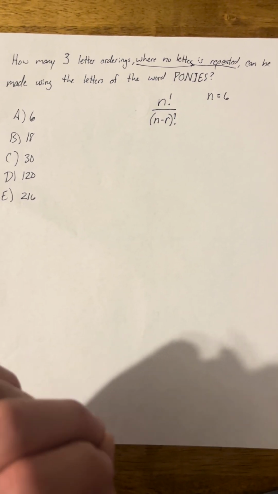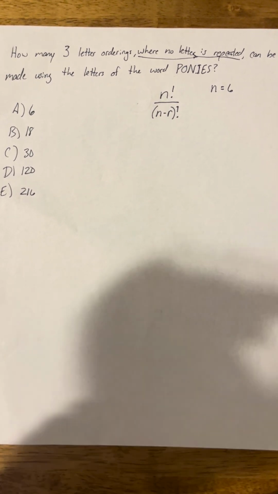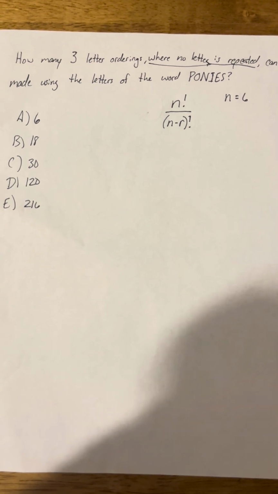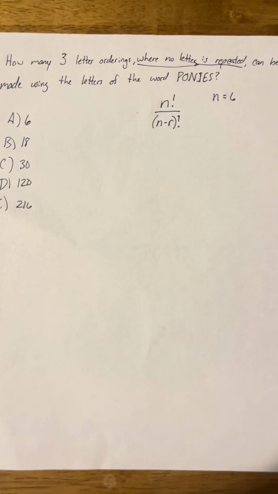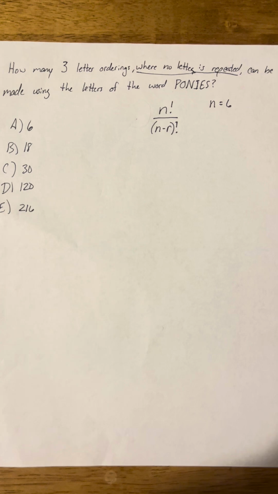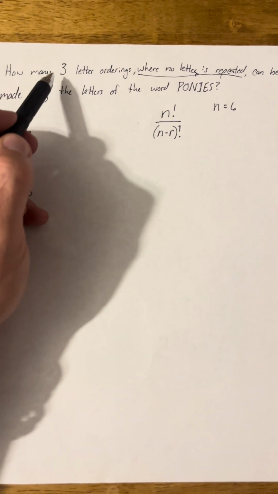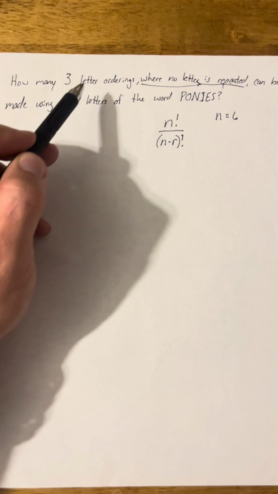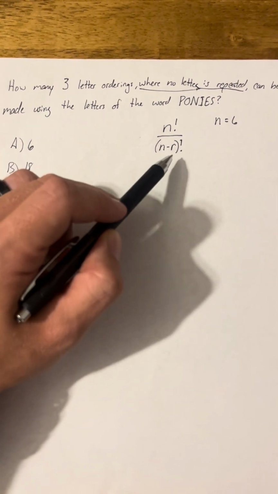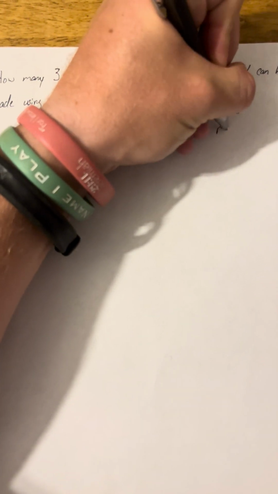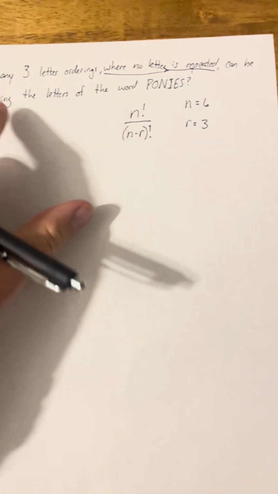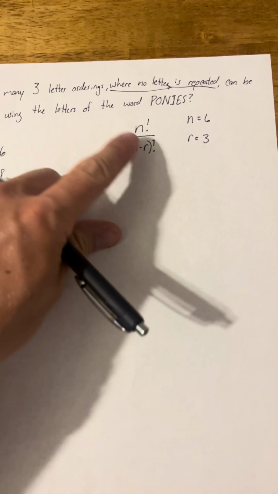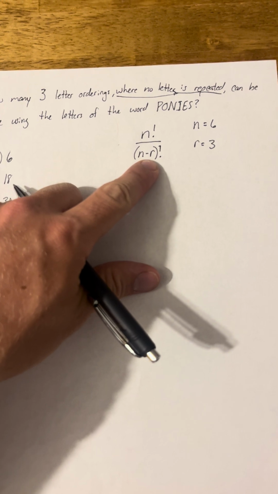R, when you're talking about permutations, is how many we're using. I have a hard time explaining it, but in this problem, it's how many letters we're using. So we're talking about 3-letter orderings. If we're only using 3 letters, R is then 3. If it said how many 5-letter orderings, R would be 5.